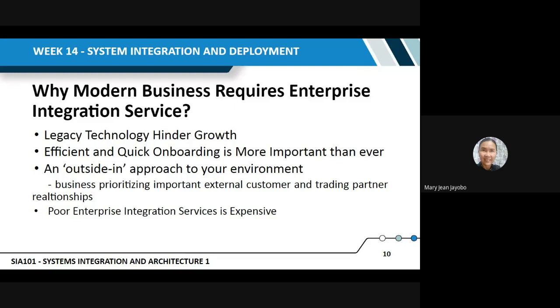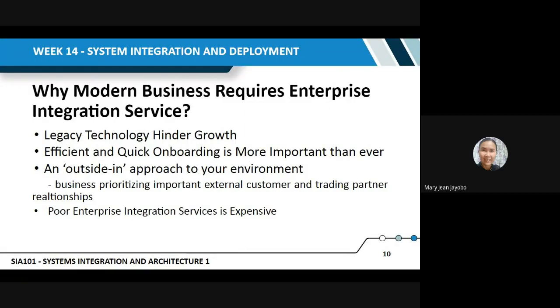So meron tayong tinatawag na legacy technology hinder growth. Okay, companies that continue to use legacy and outdated technology. Pag sinabi nating legacy, okay, are we familiar with the legacy, guys? Na word sa technology?